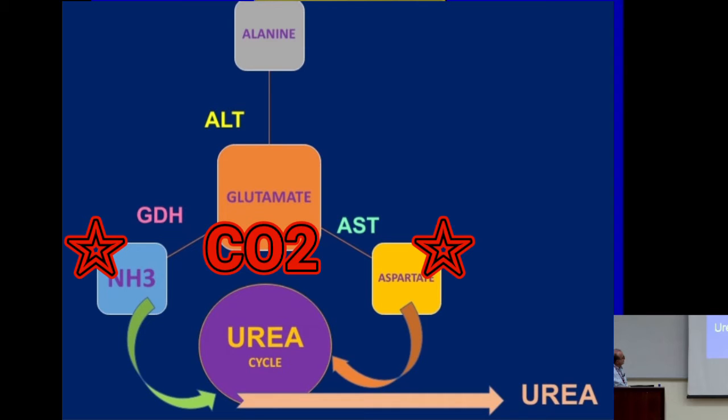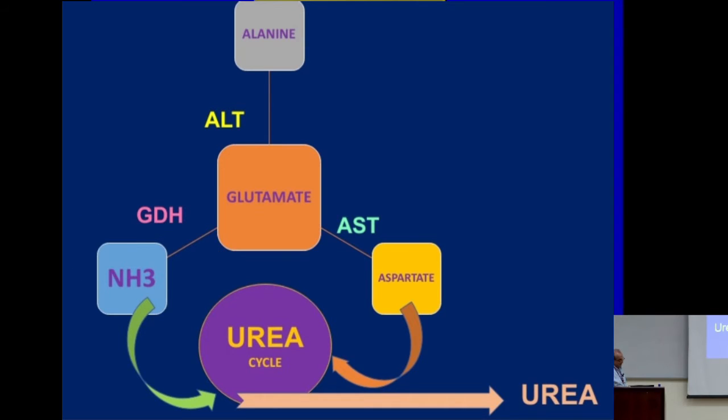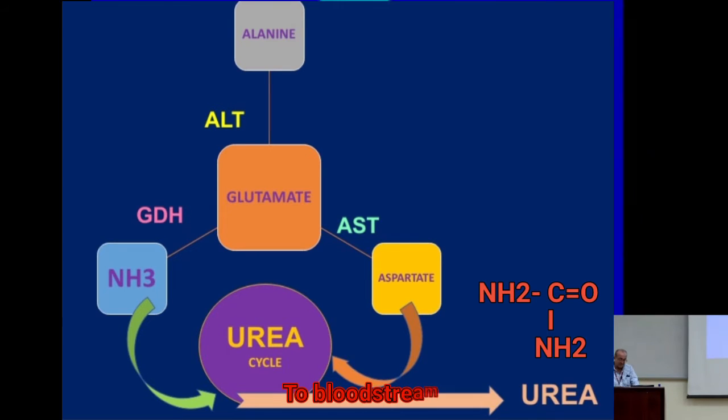You end up producing a molecule that has a carbon, an oxygen, and two nitrogens. That molecule that's produced in the liver is non-toxic, can be released in the bloodstream, sent to the kidneys, and can be excreted by the kidneys. Okay, so this is the function of the urea cycle.